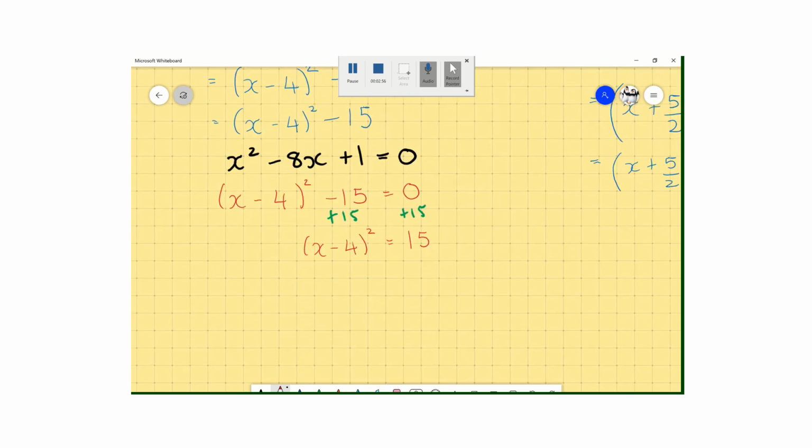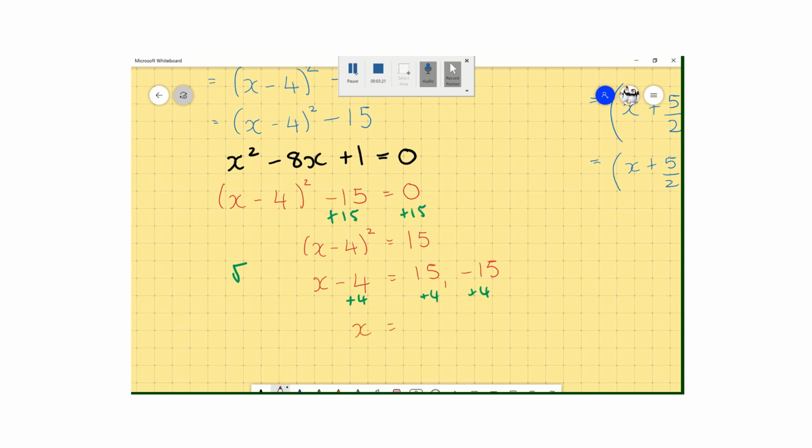To then find out what x minus 4 is, I have to undo the squared bit, so I'm going to take the square root of both sides. That gives me x minus 4, and it gives me a positive 15 or a negative 15. I have to remember both solutions. And then to find x, I'm just adding 4 onto both sides.